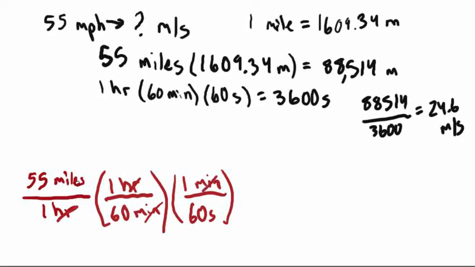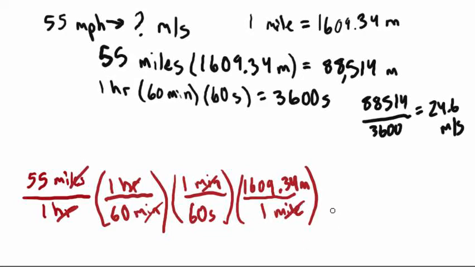So right now I'm at miles per second, so I need to convert my distance units. Okay, so again, 1 mile is equal to 1,609.34 meters. That's 1 mile. Okay, so now my miles are canceled out.